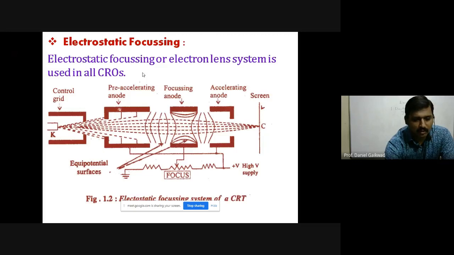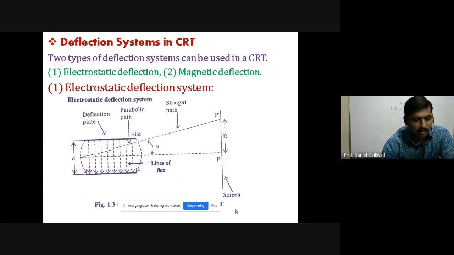Then we explained the electrostatic focusing system of CRT for the electron gun assembly. Now we have the concept of deflection systems in CRT.